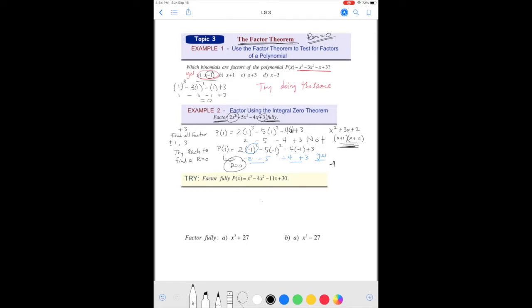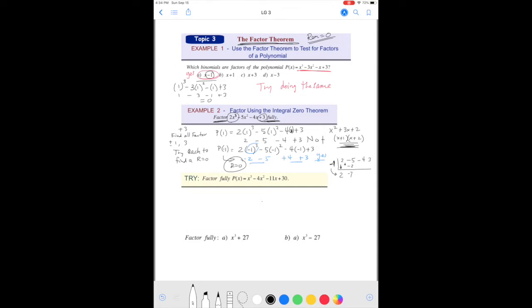So now I'm going to use my negative 1 with my synthetic. So I have a 2, a negative 5, a negative 4, and a 3. So remember that, just drop down, times. So negative 2, that's negative, no, we add these, right?